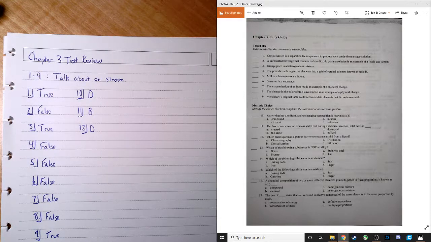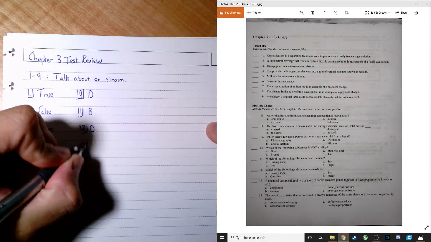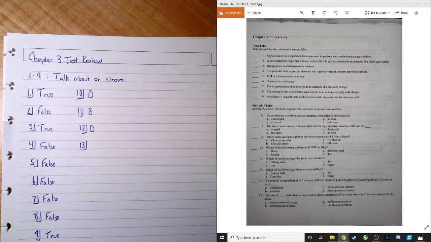Next, which of these is not an alloy? An alloy is basically a bunch of metals mixed together to form some sort of material. So in this case, if you are trying to figure out what is not an alloy, you could be looking at a periodic table.